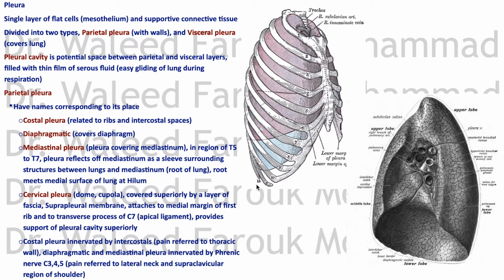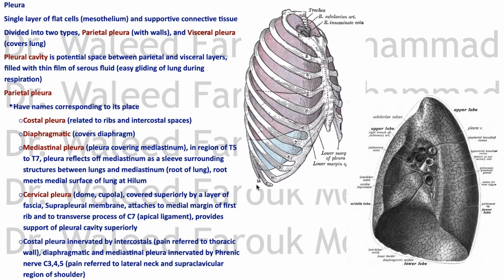The cavity between the two layers is the pleural cavity, and it's a potential space filled with a thin film of fluid to allow easy gliding of the lung during the respiratory movements, inhalation and expiration.